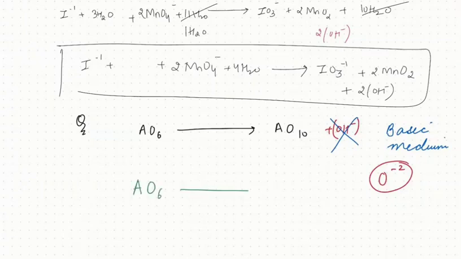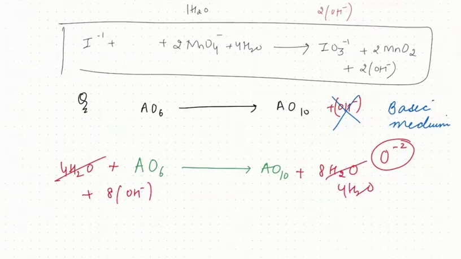AO6 is going to give me AO10. So how many oxygens am I short of, and where can we add them? We have to add 4H2O on the left hand side, and on the right hand side, we have to write 4H2O. Then I'm going to write 8OH negative, and this cancels this.